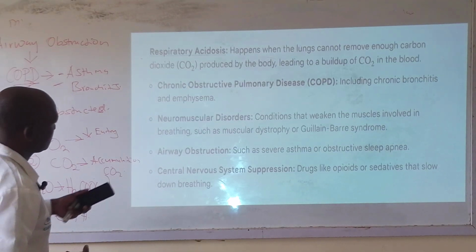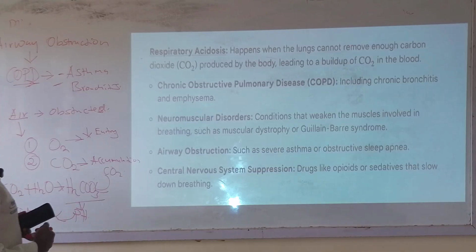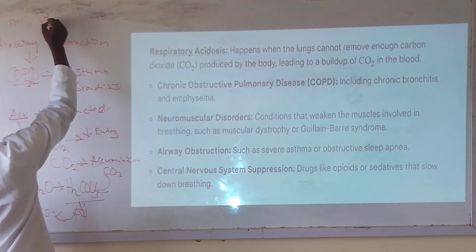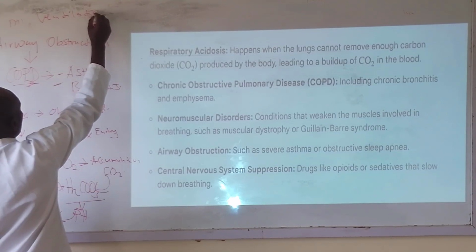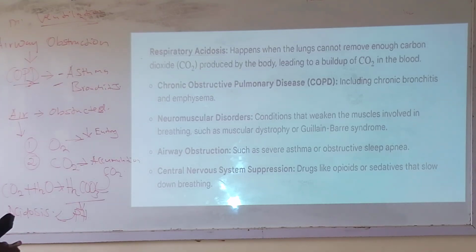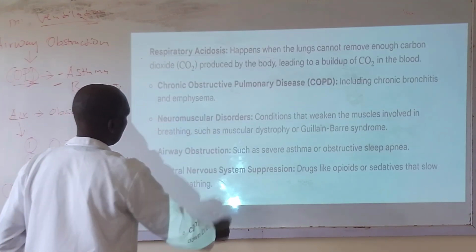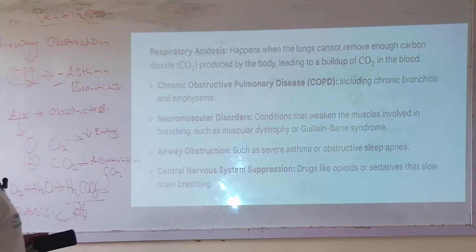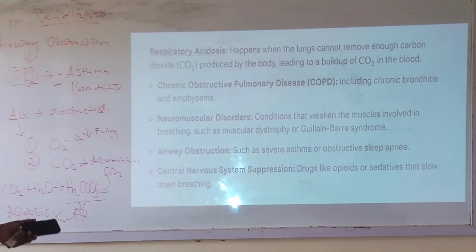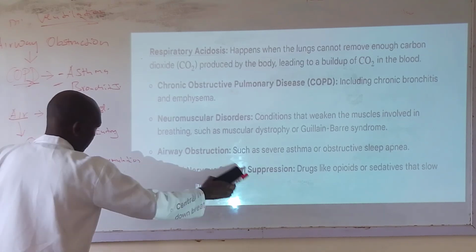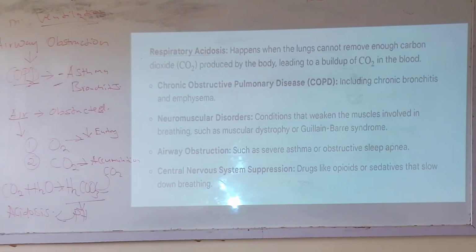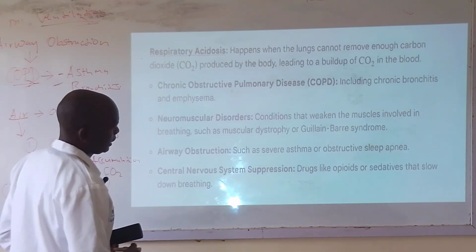Remember, the muscles are supposed to help you to breathe, and that breathing is what we call ventilation, to ventilate. As you ventilate, you are bringing in oxygen and you are taking out CO2. If the muscles that are supposed to do that work are paralyzed, then you will not be able to do that, meaning there will be reduced entry of oxygen and accumulation of CO2, and therefore you get respiratory acidosis. Other things are airway obstruction, also central nervous system suppression, for example, a drug like opioid.